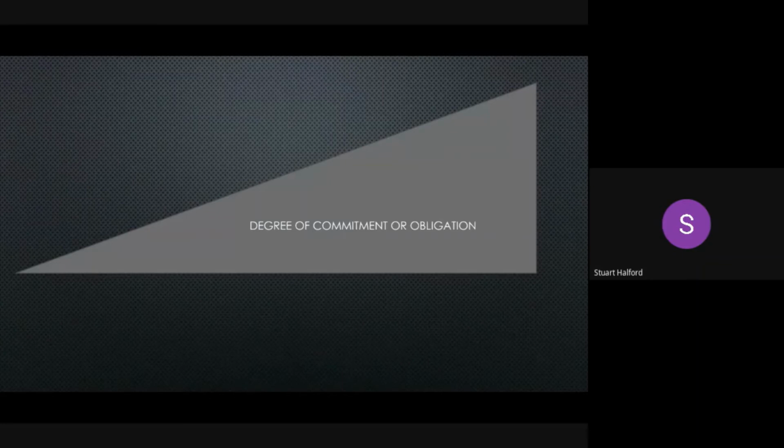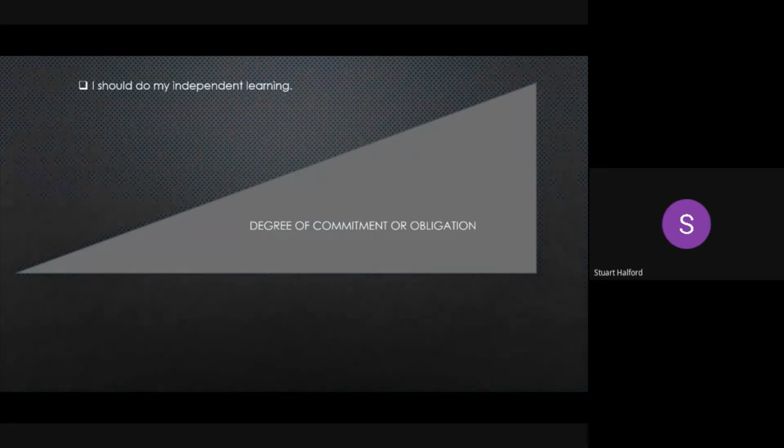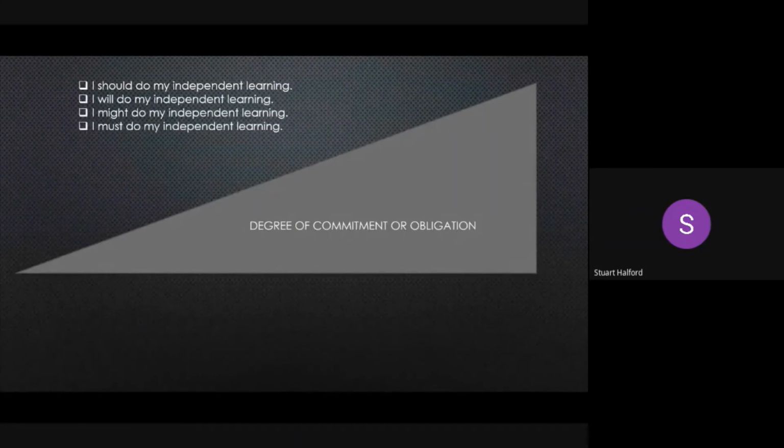As I said previously, they show a degree of commitment or obligation. So if we look at these four, I should do my independent learning, I will do my independent learning, I might do my independent learning, and I must do my independent learning. We could place those along the sloping edge of the triangle. There's probably a mathematical word for it, but that'll do for now.